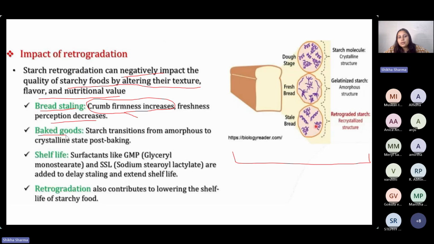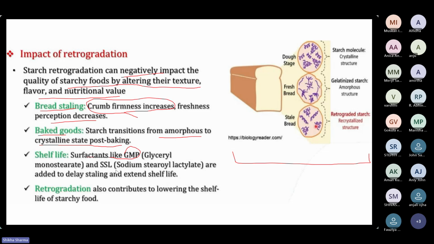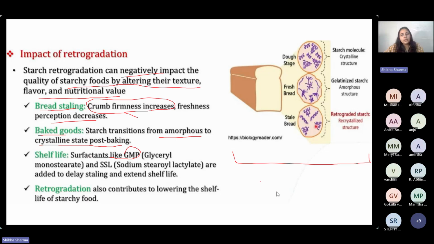In baked goods, starch transitions from the amorphous to the crystalline region post baking. For shelf life, surfactants like GMS, glyceryl monostearate, and SSL, sodium stearoyl lactylate, are added to bread to increase its shelf life. Retrogradation basically lowers the shelf life of starchy food.